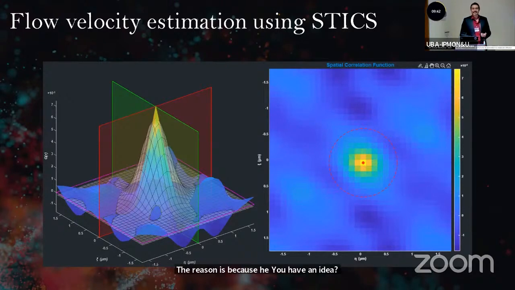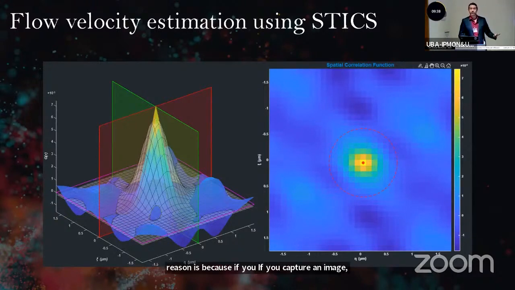The reason is that if you capture an image, there's always a contribution of your fluorescent labeled molecules, but also of the noise of the detector, of the noise of anything. And the noise correlates with itself only at no time delay. So this peak of the correlation function will always be greater than the Gaussian function that you try to maximize its fit to the rest of the surface. So that's why we ignore that point.